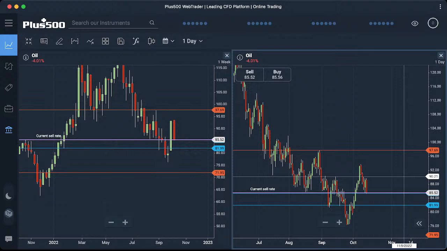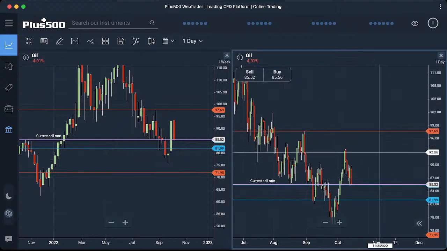Otherwise, if you are a day trader, I suggest you take profit even at the 93 level. So 93 is our first target for the week for crude oil, and I can see price pushing to the upside, going to the 93 level this week.